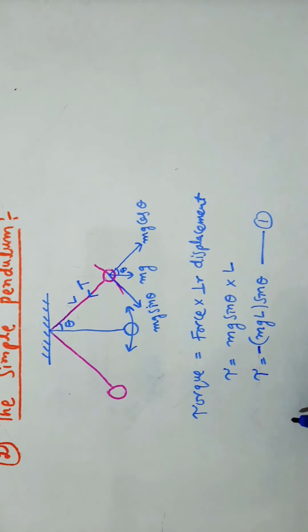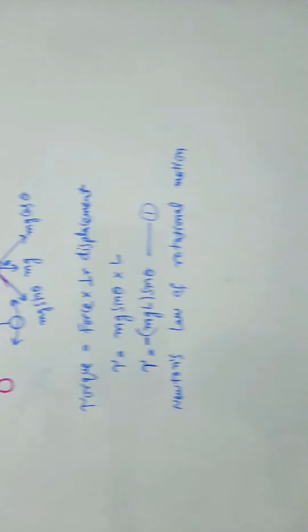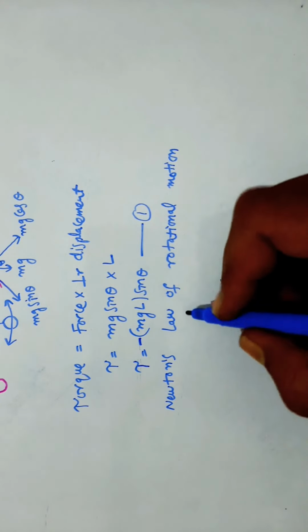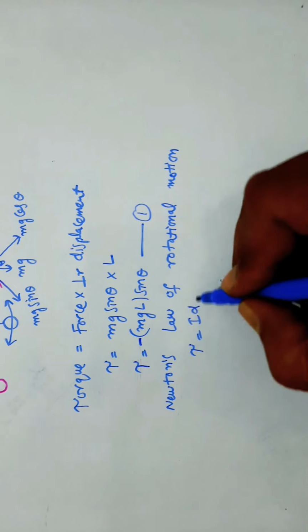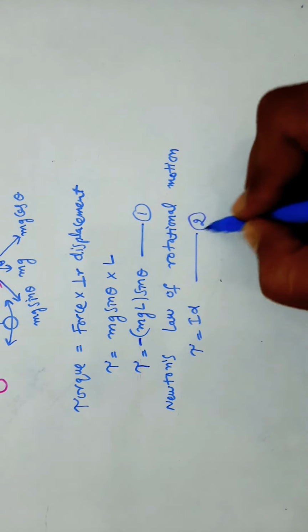According to Newton's law of rotational motion, we know tau is equal to I alpha. Let us take this as equation 2.